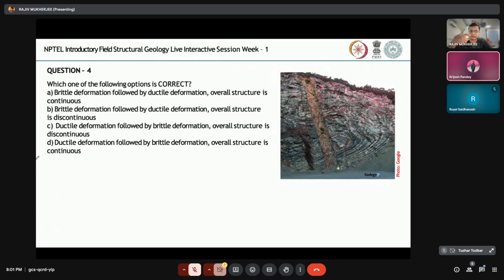Option C. Option C, ductile deformation followed by brittle deformation. Overall structure is discontinuous. Yeah, overall structure is surely discontinuous because, if you follow the red lines that I am drawing, this is a dike, right?